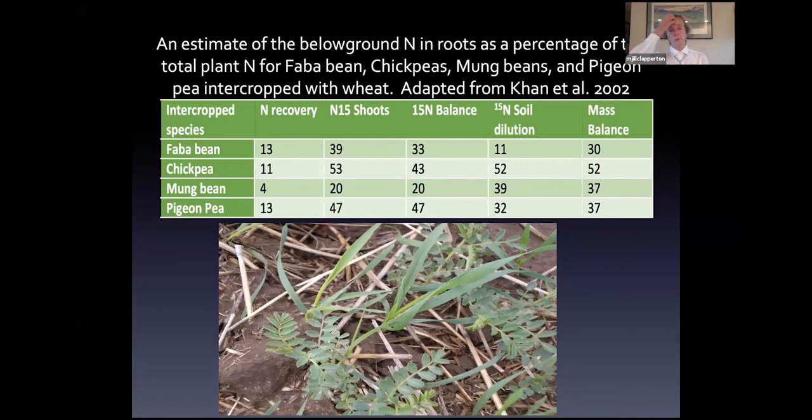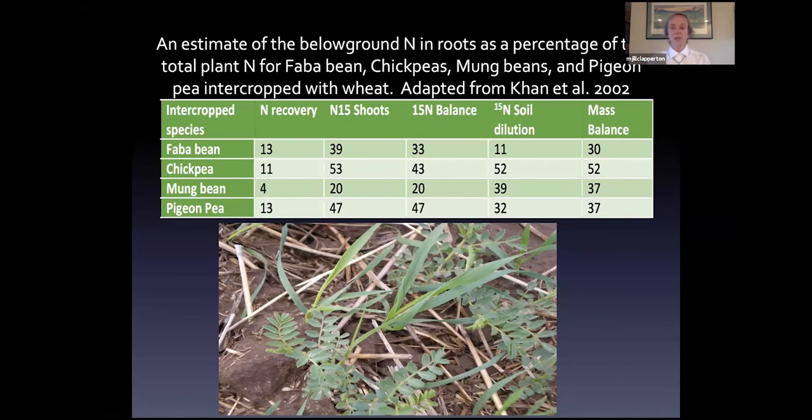So this is a total percentage of nitrogen for these plants when they're intercropped with wheat. And if you look at here, the balance, look at chickpeas. This is why I like chickpeas and wheat. They really, on balance, give a lot more nitrogen to the wheat, and you can count on them to do it.